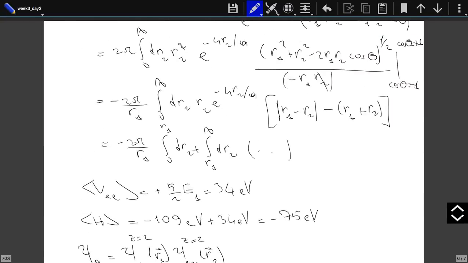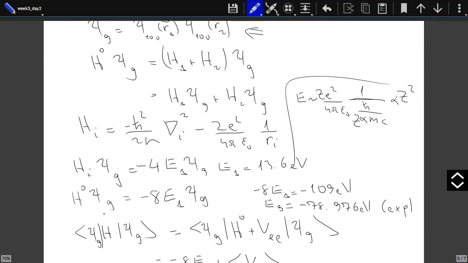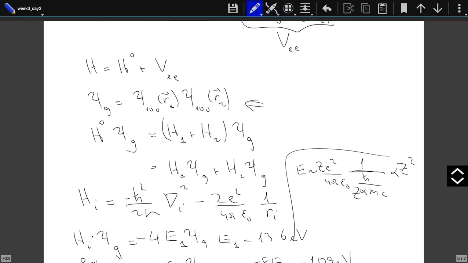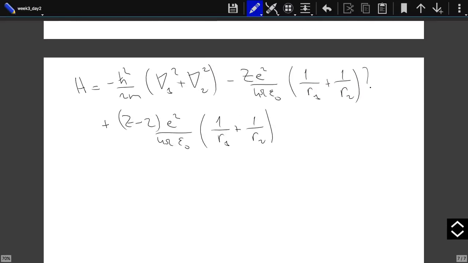So before, we had chosen our wave function, the psi g wave function, to be an eigenstate of H0, which corresponds to Z is equal to 2. Now, in this case, we are defining H0 as this one. Why don't we separate the 1 over R1 and 1 over R2? You can, if you want.